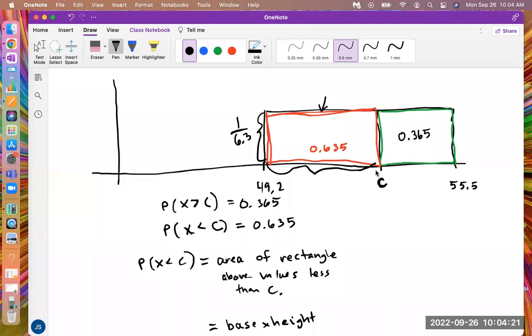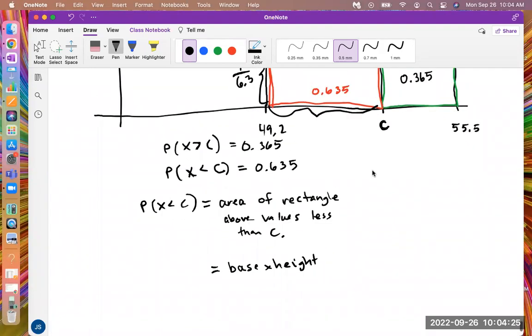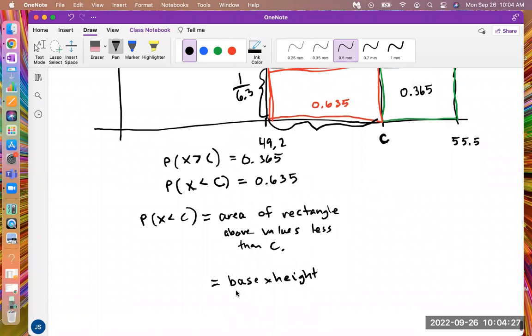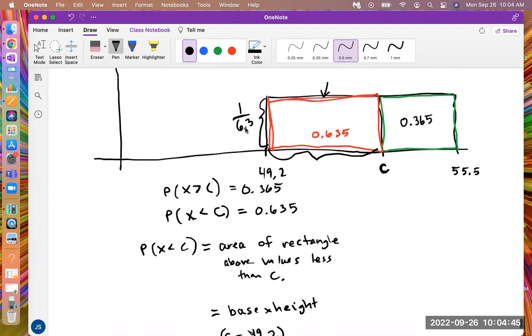And so C is supposed to be a number bigger than 49.2. Otherwise, it's not even a possible lecture time. So we put base is C minus 49.2. And the height we already said was 1 over 6.3.